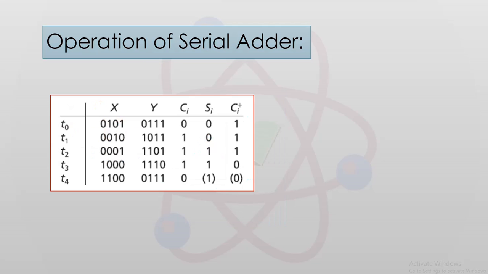So by the end of the time T4 you can observe that the accumulator will contain the sum of the addition. So let me explain the entire process of operation of the serial adder that we have just seen considering a numerical example. Initially let me assume that I have in the accumulator the content 0, 1, 0, 1 and the content of the addend register to be 0, 1, 1, 1.